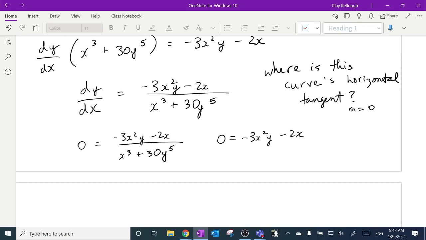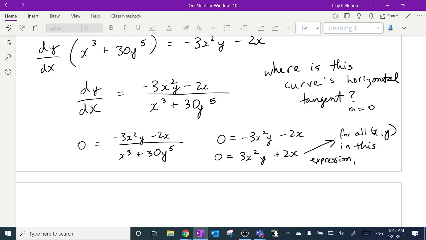First of all, I don't like all these negatives, so I think I'd multiply both sides of the equation by negative 1. And then, well, once again, I'd probably just leave it there and maybe start guessing and checking some values or graph this. So I would say for all x comma y in this expression, or maybe not in this expression.